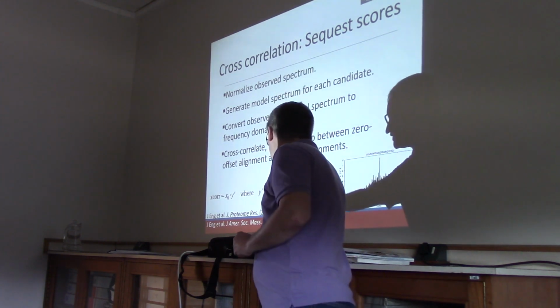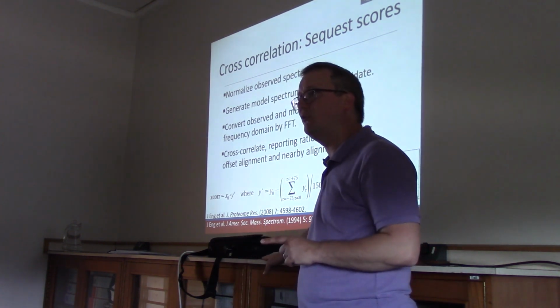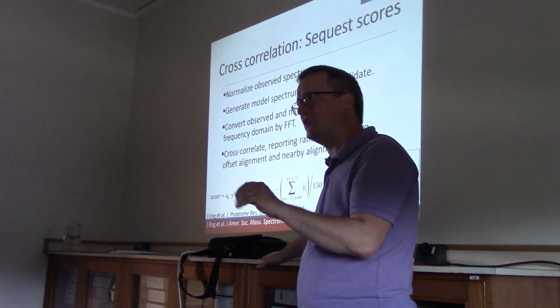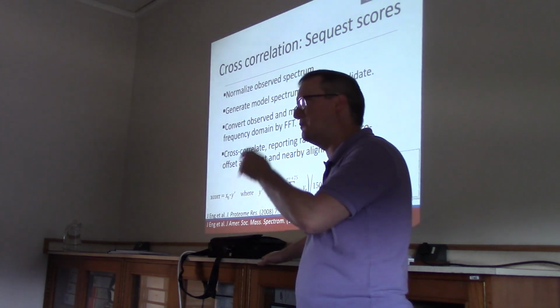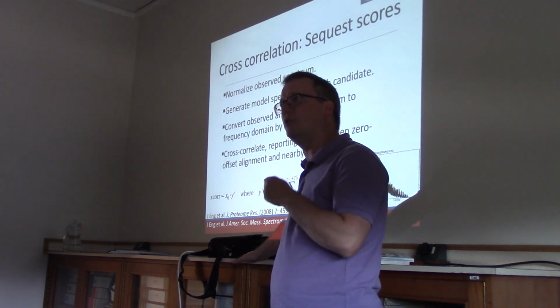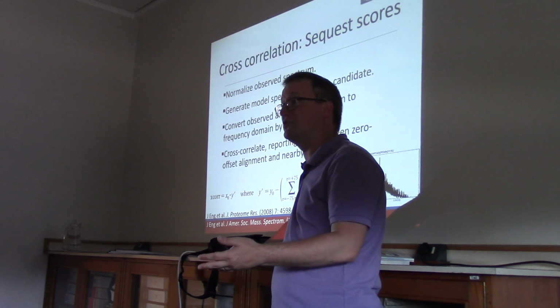Now, I note that I've got 2 publications listed here, 1994 and 2008. I think everyone remembers that 1994 is the year that Sequest was originally published. We just talked about that. But 2008 was this interesting paper from the same guy who had written the original source code for Sequest, Jimmy Ng.